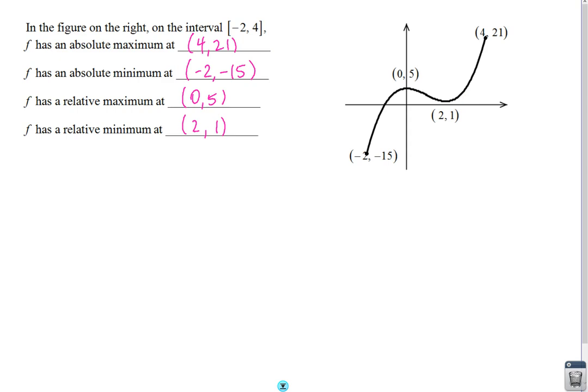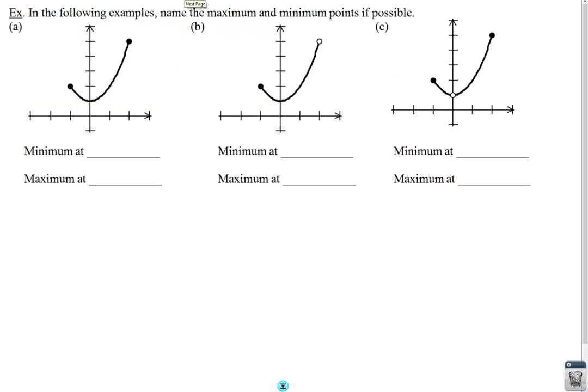Okay, let's look at some more examples here. Here we go. So I want you to name the maximum and minimum points if possible. Again, this is a good opportunity for you to pause the video, fill in your answers, and then check it with what I have when you come back. So for part A, we have a minimum at 0, 1.